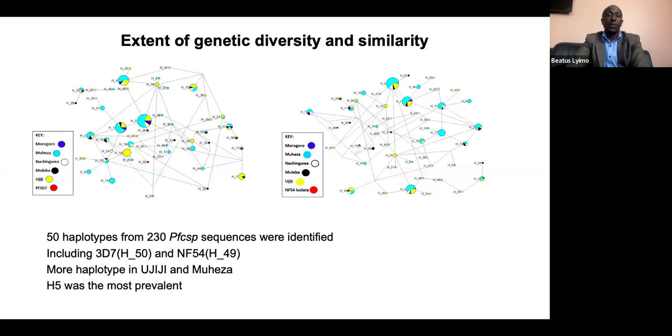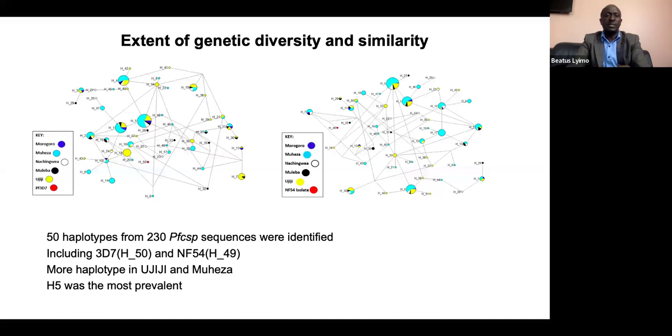So from what we got, we found a very low matching of 0.2 and 0.02% between the circulating parasite and the sequence which is included in the vaccine.